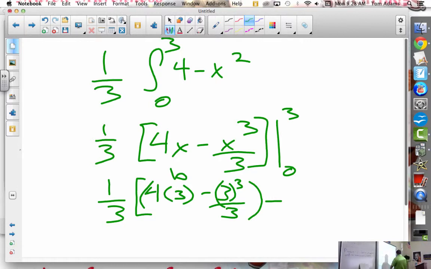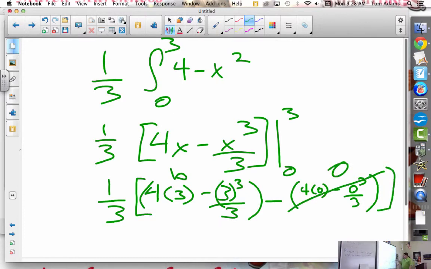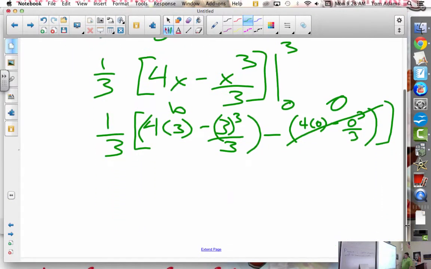Then I'm going to subtract 4 times 0 minus 0 cubed all over 3. Now what's all this stuff over here? 0. It's very convenient for us to cross that out and we get 0. So really, I've just got to evaluate the stuff on this first part.